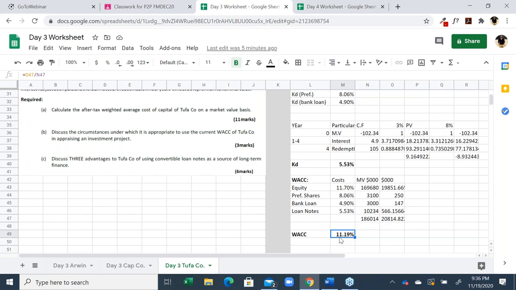I have to assume that the capital structure of the company, these ratios, will not change, and the new project will be financed using the same sources of finance and in the same proportion as the current ones. That should be our assumption.